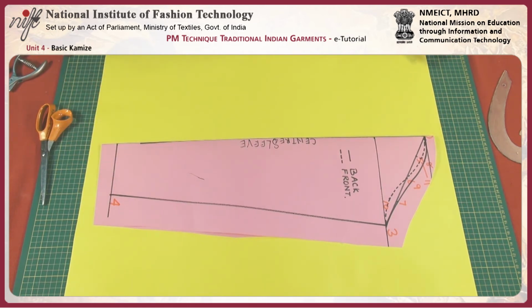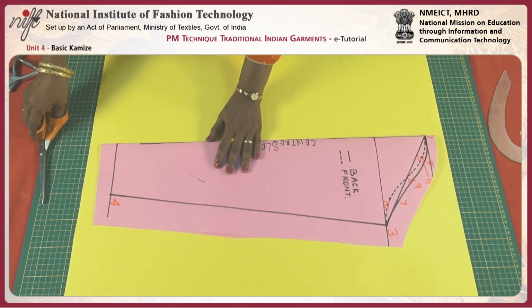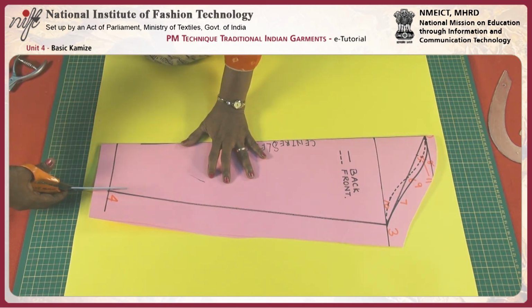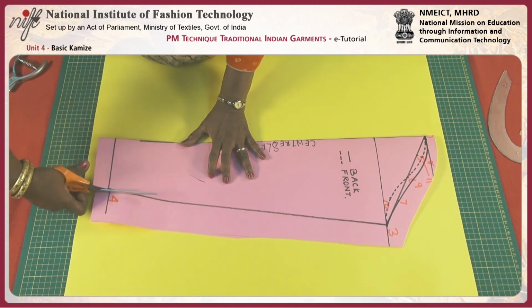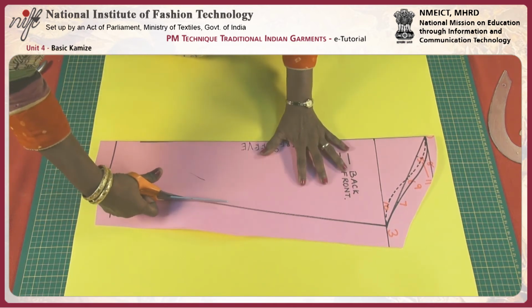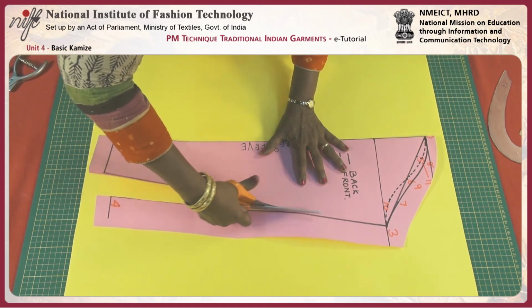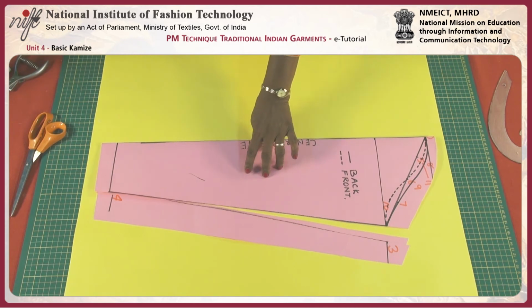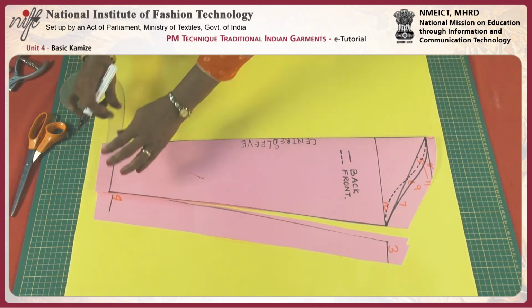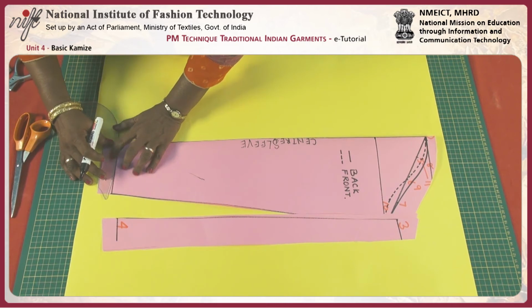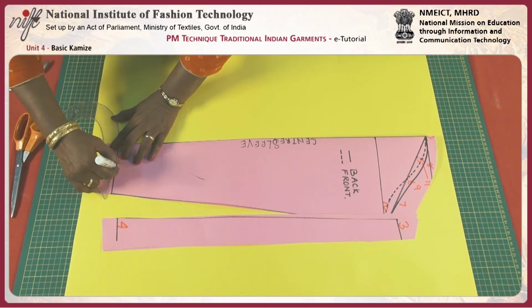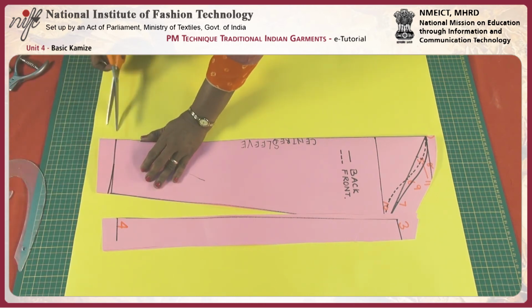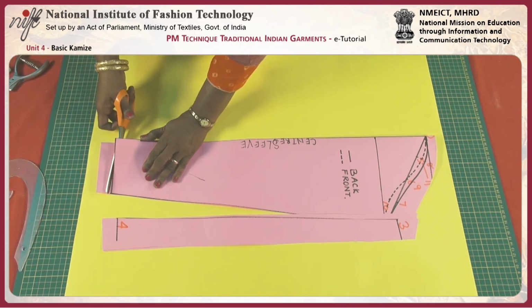Then start cutting the side seam line, and then mark 1/4 inch down from here. Give a curve for truing the wrist line and cut on the line.